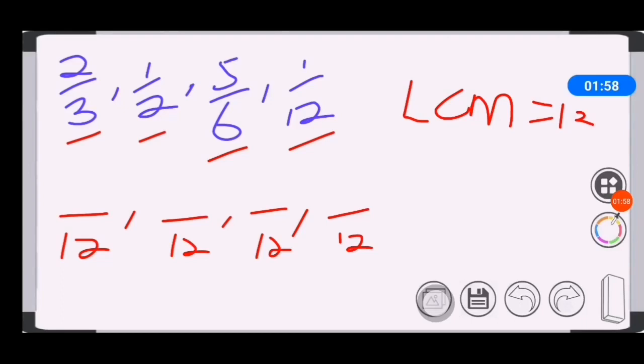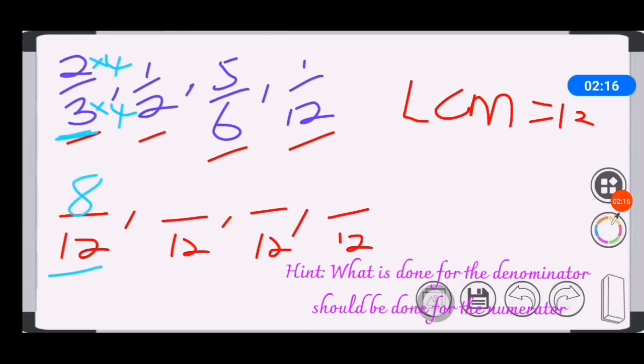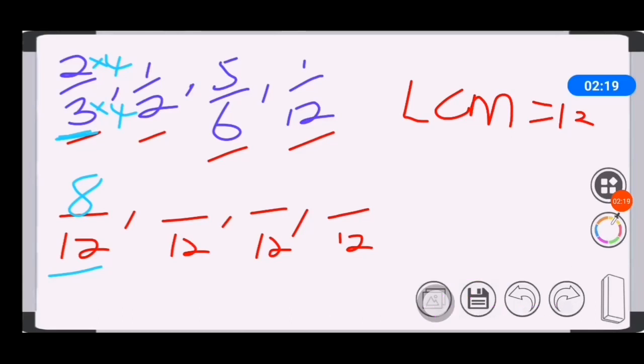Now, how will our 3, the first denominator, become a 12? It is times 4, right? So just as we did in addition, times 4, times 4. So 3 times 4 is 12. Then 2 times 4 is 8. Do the same thing for the second one.